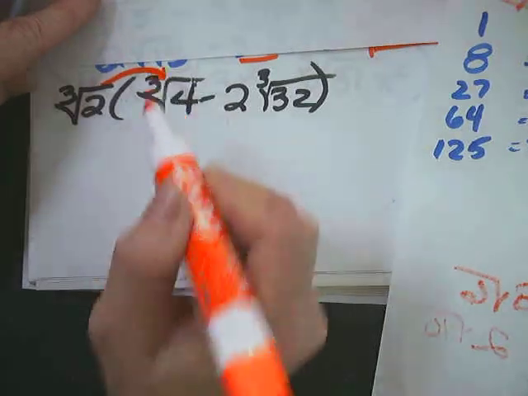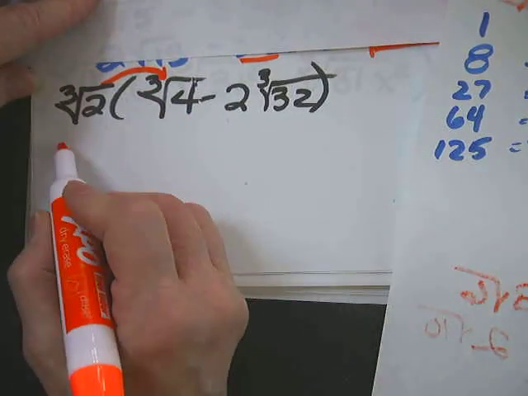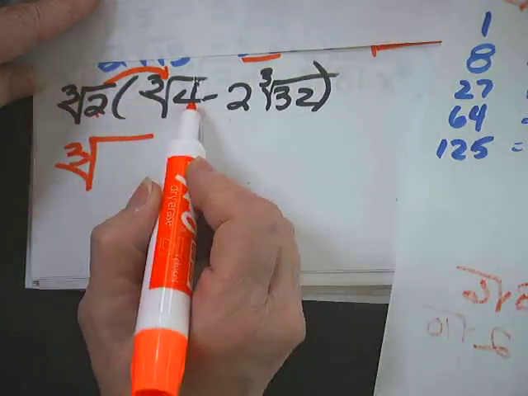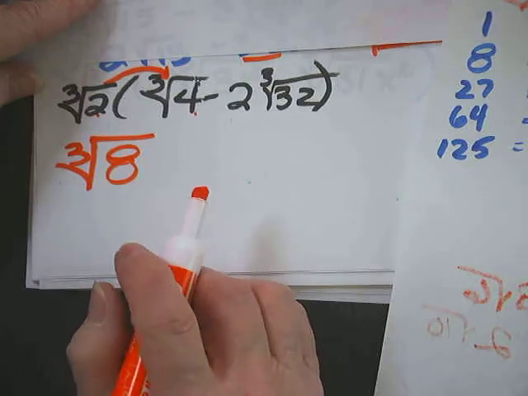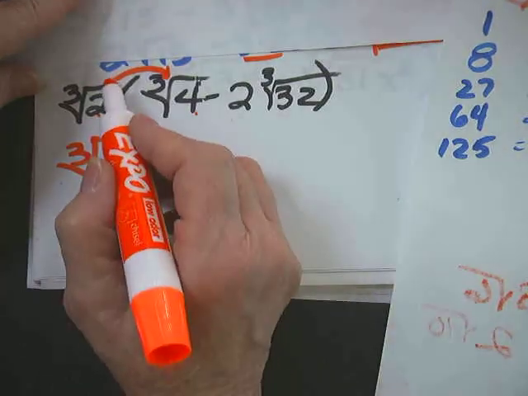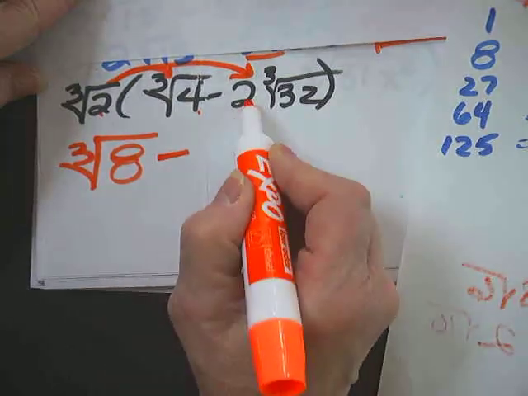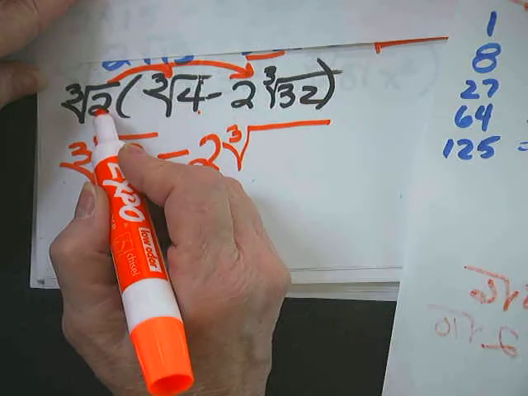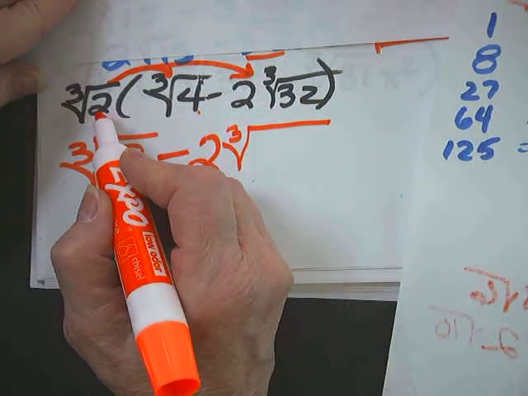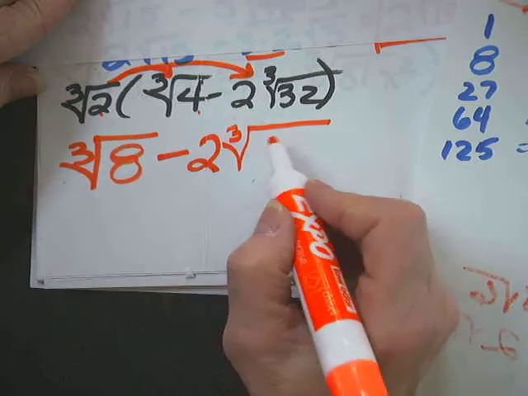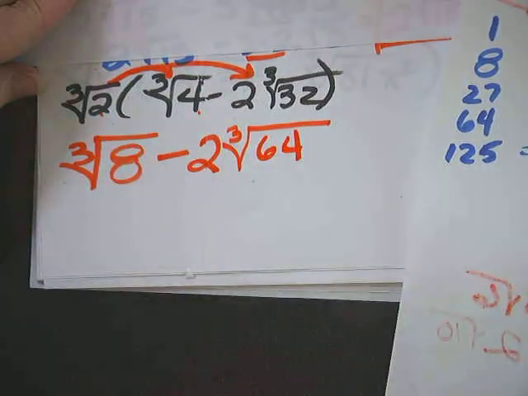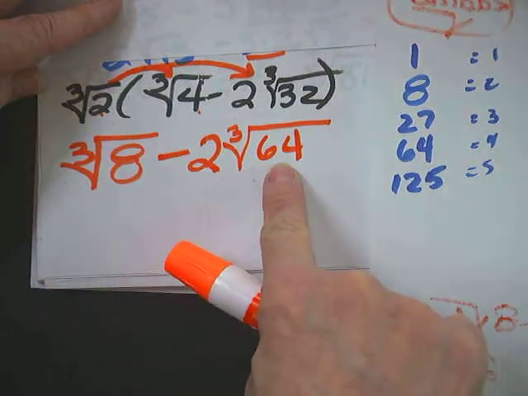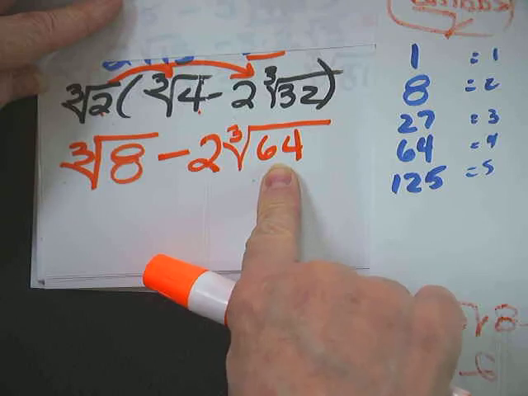Cube roots. We need our list of cubes again. Not our ice cubes. Our list of cubes. There's our list of cubes that we made. Now, cube root of 2 times cube root of 4. They're both cube roots, so we could say cube root of 2 times 4 is 8.